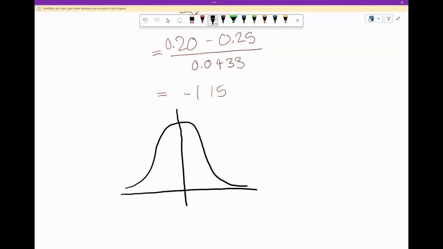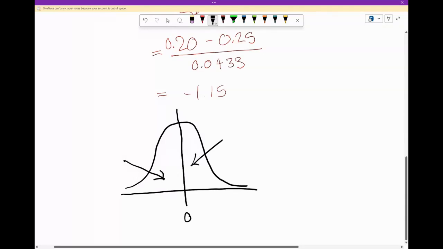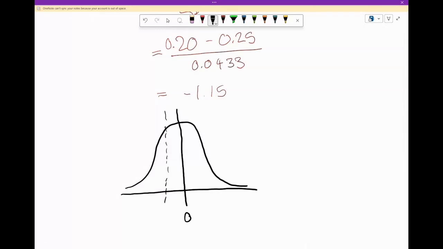Basically, this is 0, isn't it? This time we're not looking at this side, because we're looking at negatives. The negatives are going to be where? This side, isn't it? Can you see that? But the good part is that the bell-shaped curve is symmetric, meaning you can fold it in half.